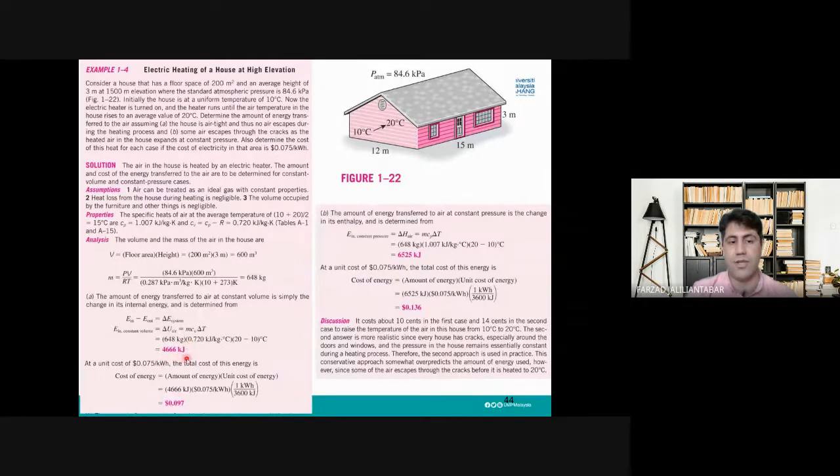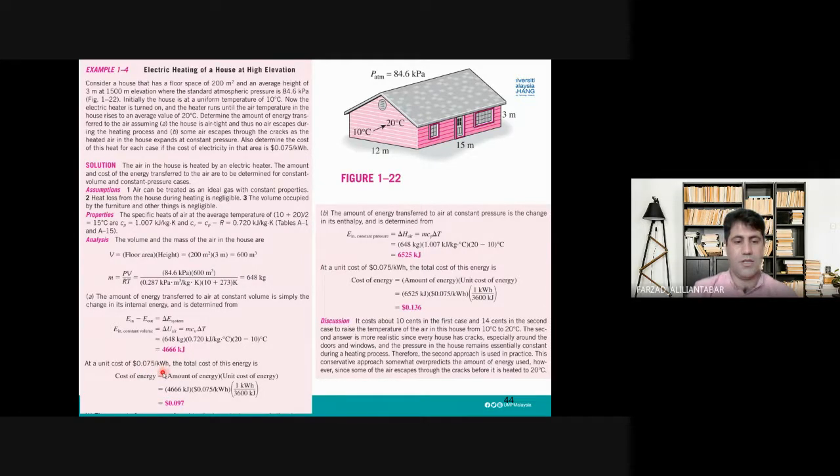4,666 kilojoule is the heat transfer, or change in the thermal energy, for the air inside the house. It is given that the price for each kilowatt hour of energy is $0.075 per kilowatt hour.